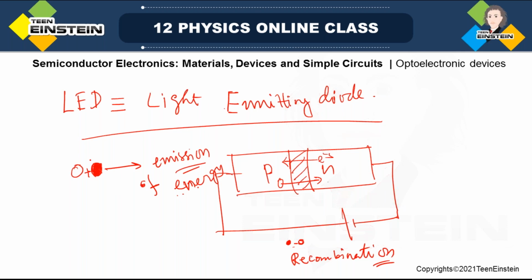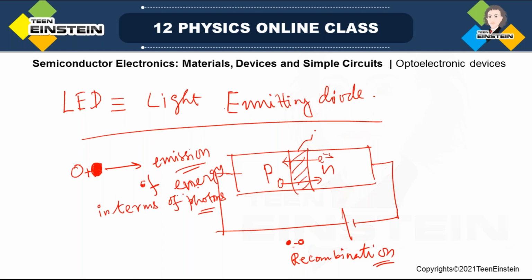So there will be emission of energy upon recombination of holes and electrons in terms of photons. That's why this LED is called a light emitting diode.